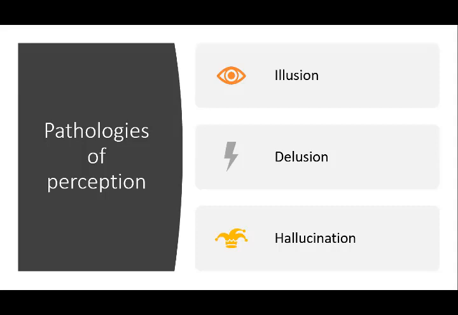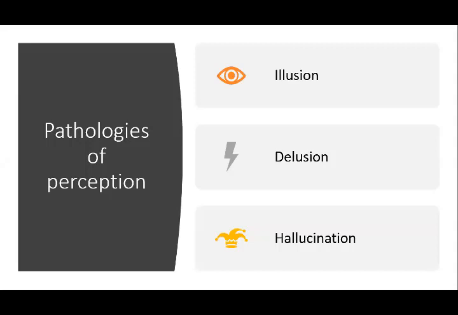If a person perceives that stimulus as a misperception, or labels it in a way the others are not labeling it, then we will put the label on that subject that he is in illusion.